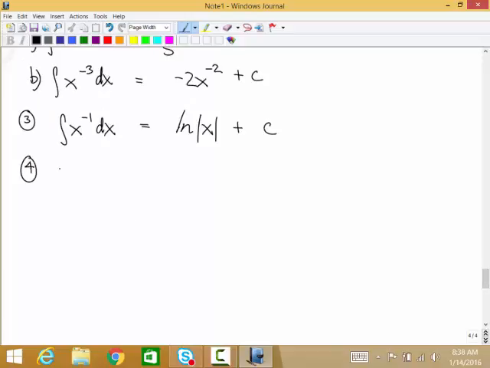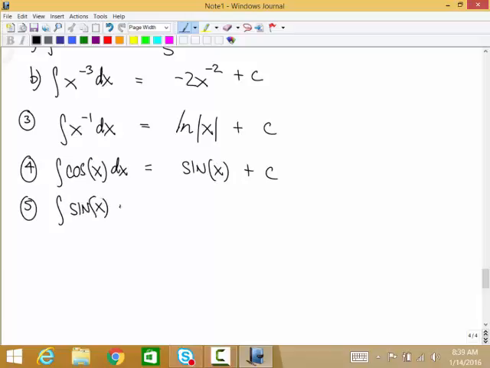So number 4 says the integral of the cosine of x dx is equal to the sine of x plus c. Fifth says the integral of the sine of x dx is equal to the negative cosine.